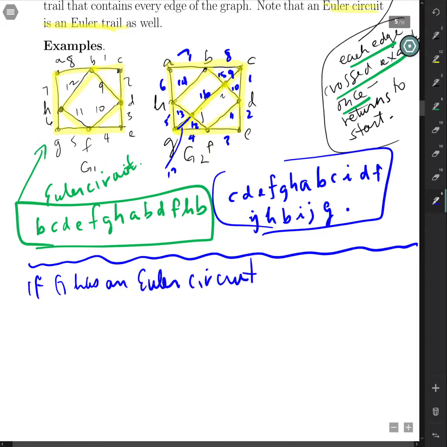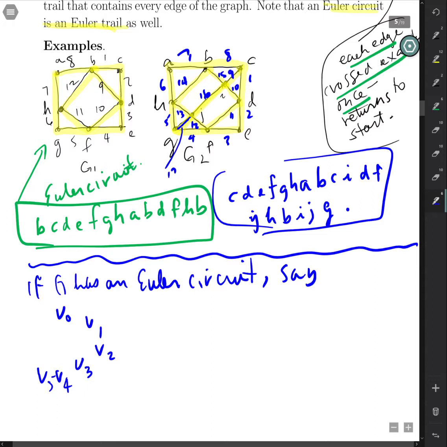If G has an Euler circuit, say we write it as V0 and V goes to V1, then to V2. And so I'm going to draw this kind of in a circular pattern, but it doesn't actually have to be a circle. I'm just saying which vertices we visit next. So V3, then V4, then V5.